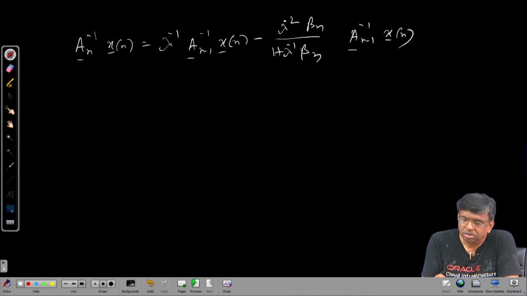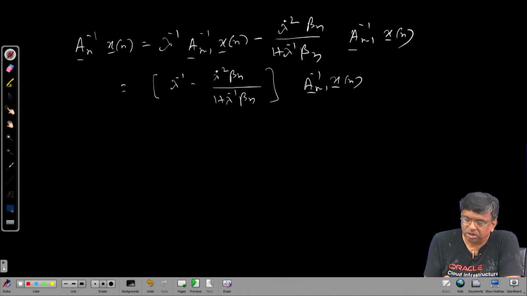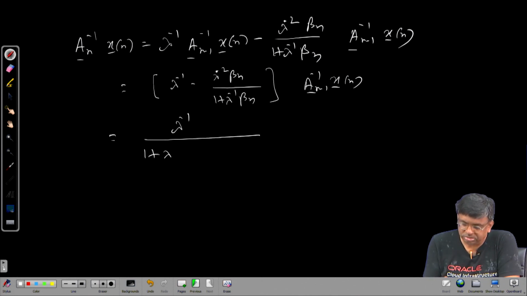So, this is common, matrix into vector, the matrix is common. This is scalar, this is scalar. So, I can just take lambda inverse here minus lambda inverse 2 by beta n divided by 1 plus lambda inverse beta n. These are a whole scalar thing multiplying this matrix times x n. And here you see 1 into lambda inverse, that remains lambda inverse. Lambda to the power minus 2 beta n cancels with this. So, what you get is lambda inverse by 1 plus lambda inverse beta n.